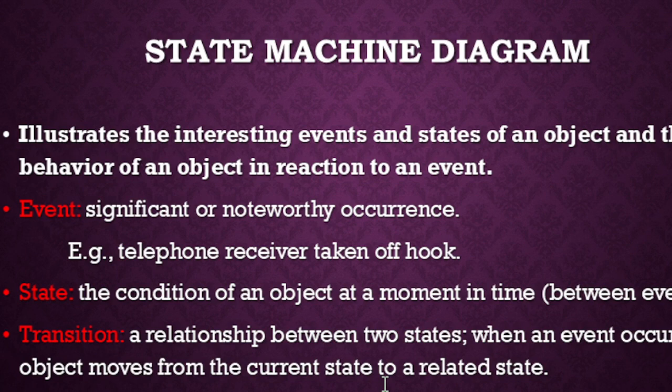There are two possibilities: an event happens but there is no transition, in which case the object remains in the same state, or otherwise the object will change state. That is called a transition. There may be multiple transitions, parallel transitions, conditional transitions, and so forth, which we'll try to cover in our model.